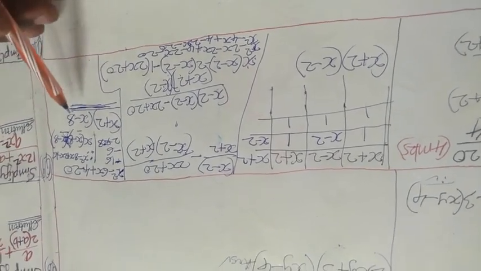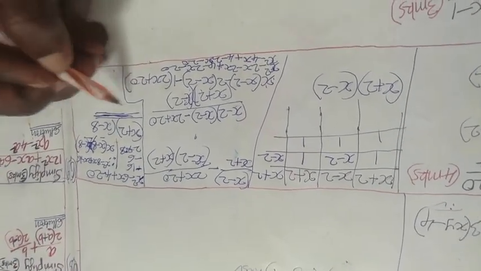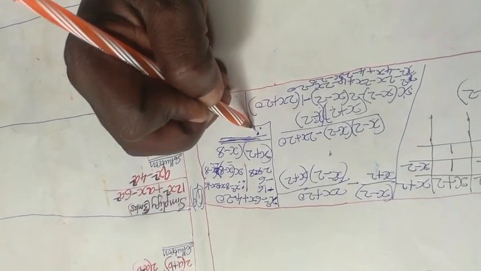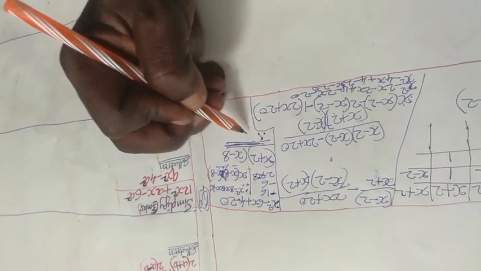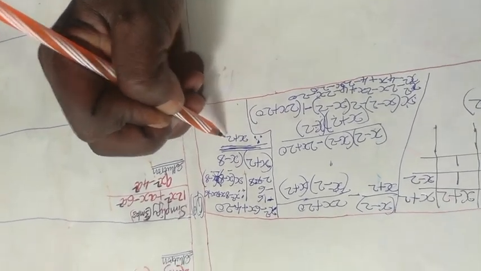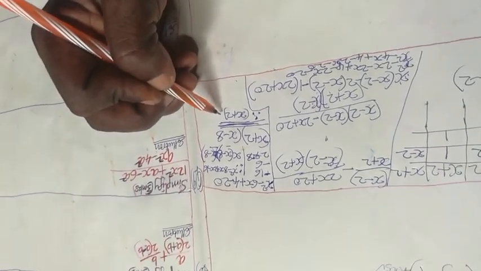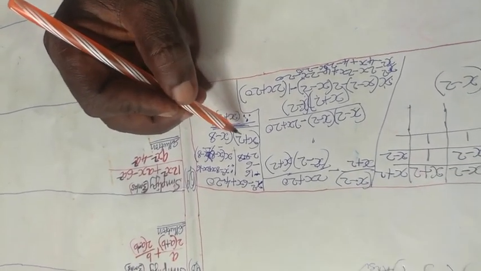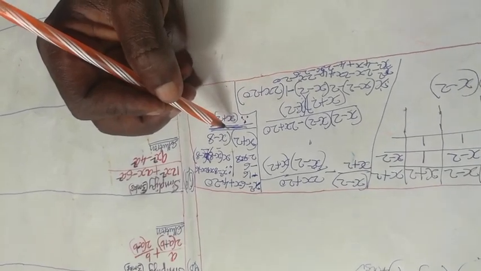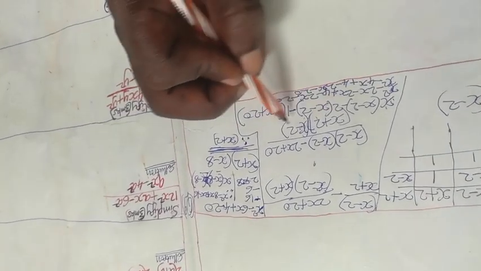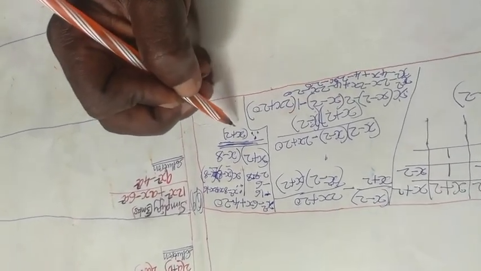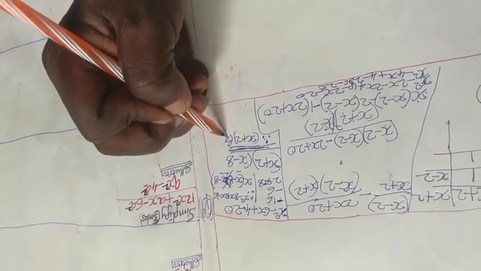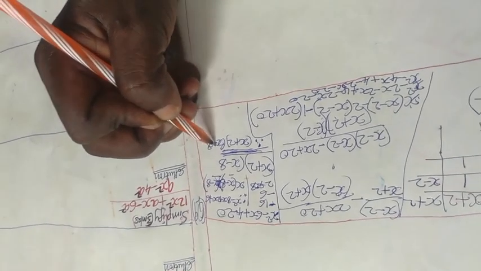Therefore, the final answer will be x plus 2 into brackets x minus 8, because this is the final value of our numerator, but our denominator is this.